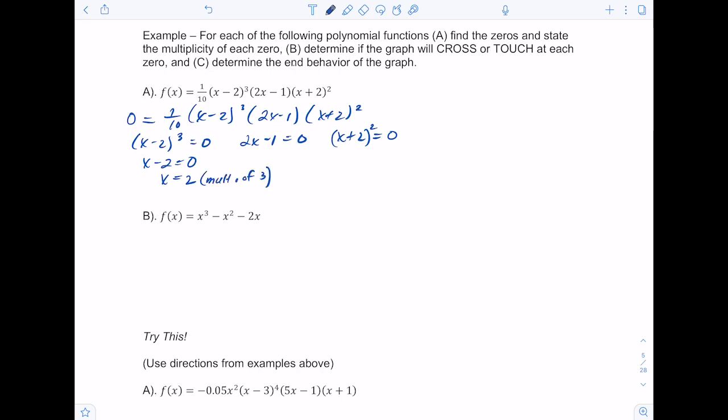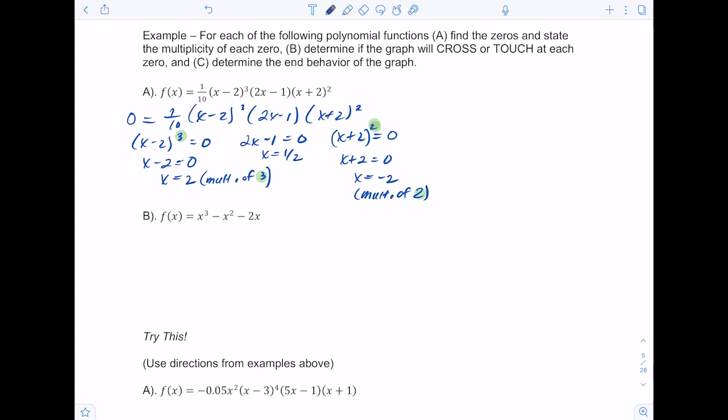And then 2x minus 1, if I solve that for x, I get 1/2, and that multiplicity is just 1. And then x plus 2, if I set that equal to 0 and solve for x, I get -2, and that multiplicity is 2. Okay, and again, the multiplicity comes from the exponent.